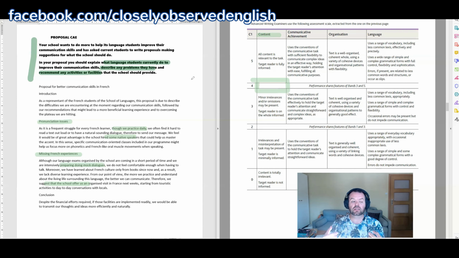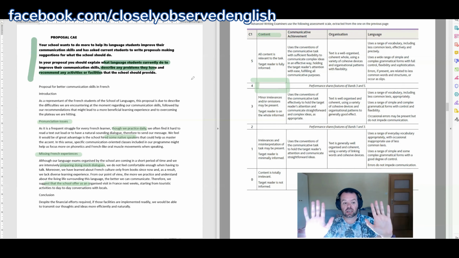So you could say that, for example, though the teacher explains the grammar very well, they seem to lack the ability to convey feedback about our pronunciation, and perhaps having lessons with a native speaker would help. I mean, that's going on to the recommending activities.